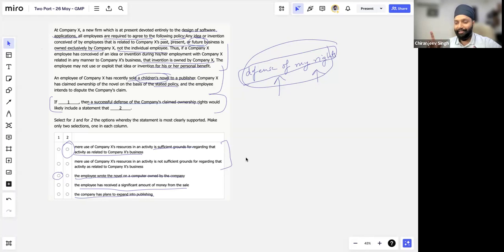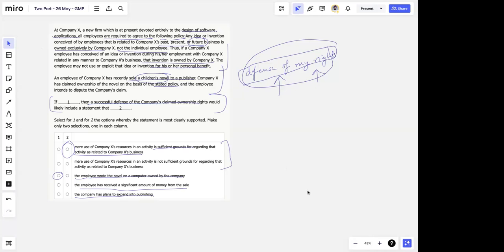Tushar, I think you marked exactly in the opposite order. Yes, sir. Initially I was going with the first one being C and the second one being A, which is actually the correct answer. But after your explanation, this definitely makes more sense.